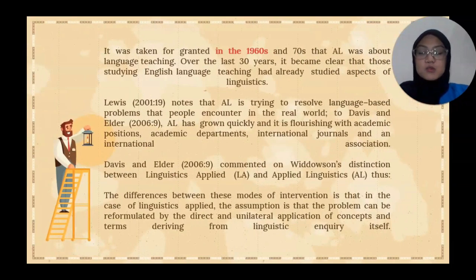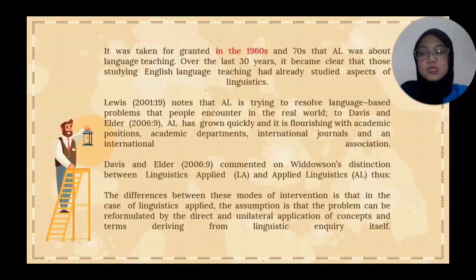Davis in 2001 notes that it was taken for granted in the 1960s and 70s that applied linguistics was about language teaching. Over the last 30 years, it became clear that those studying English language teaching had already studied aspects of linguistics.